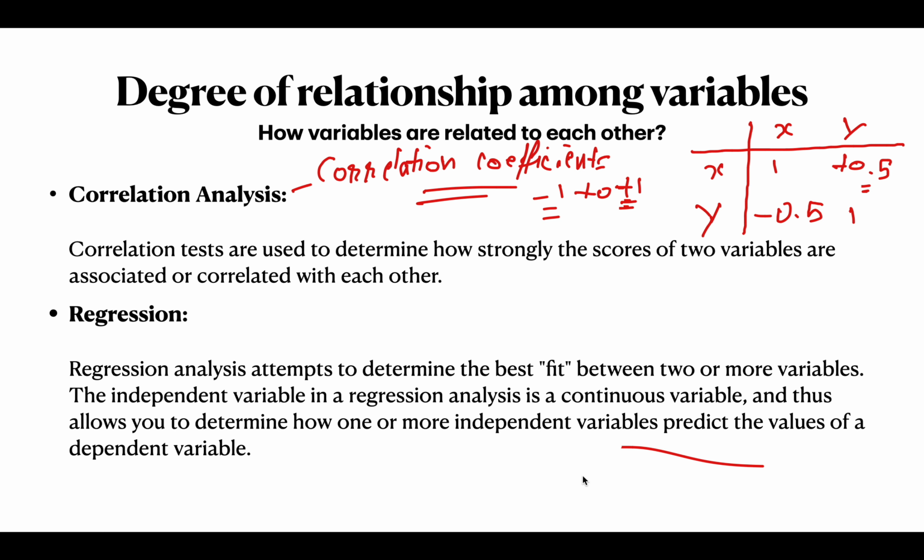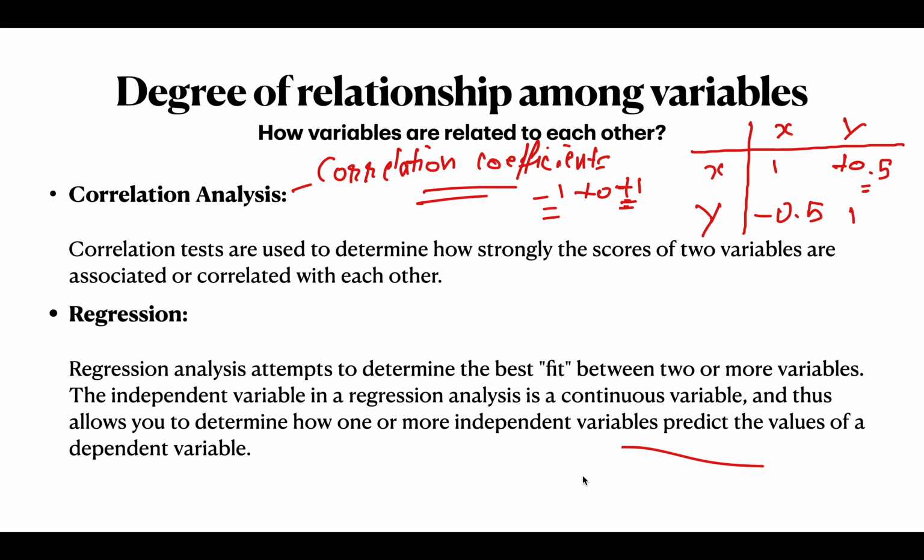The independent variable in a regression analysis is a continuous variable and thus allows you to determine how one or more independent variables predict the values of a dependent variable. What it is saying is that regression analysis is only performed on quantitative, continuous data.